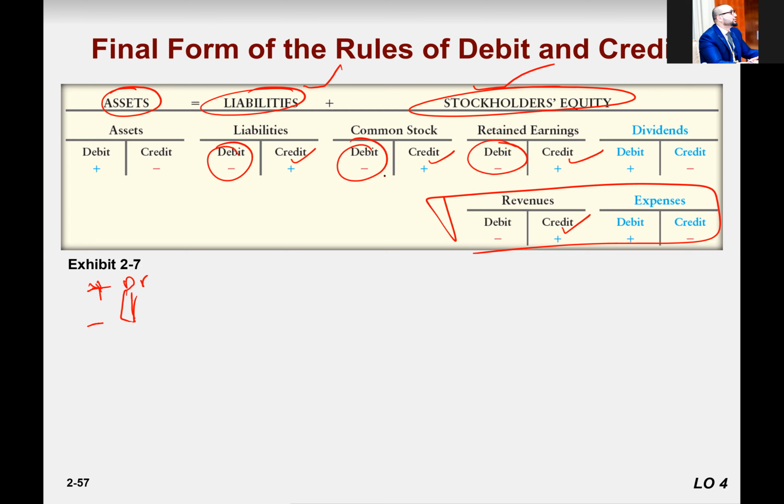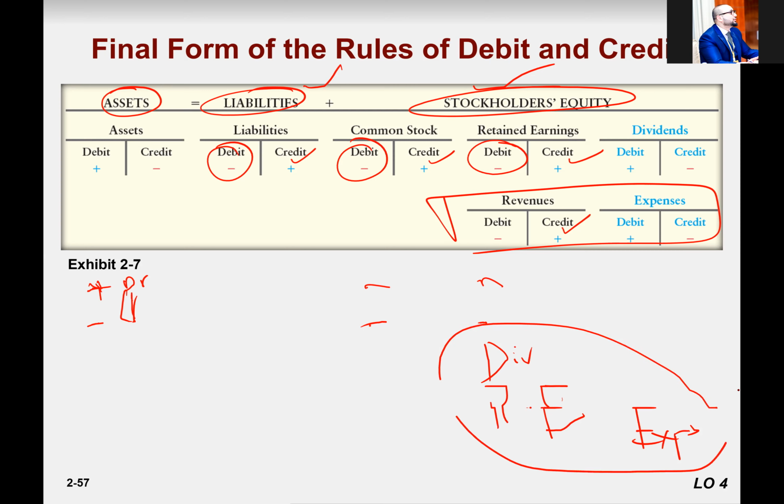Then we talk about three accounts: dividend, retained earning, and expenses. In order to understand that, we talked about the formula of retained earning. Retained earning is equal to net income.